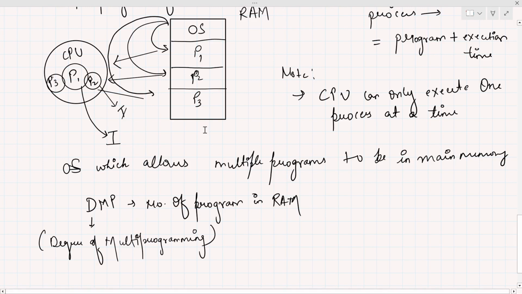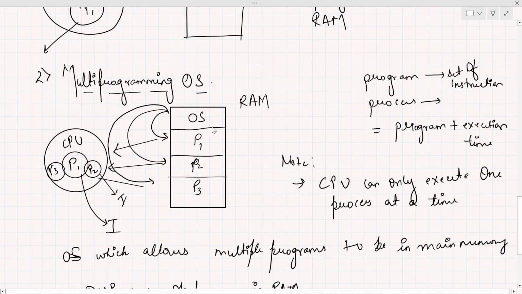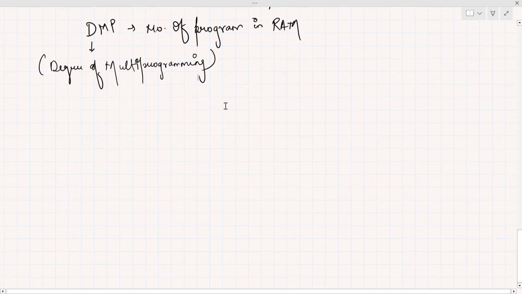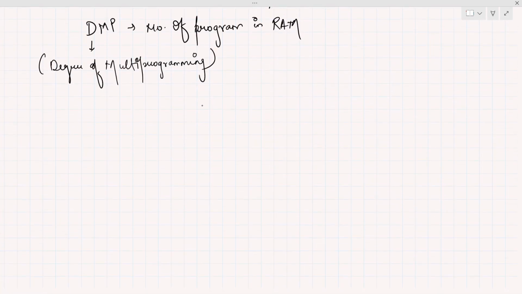Now we are moving to a different thing. The multi-programming operating system is of 2 types, and we will understand this as well. The types of MP operating system, where MP means multi-programming.